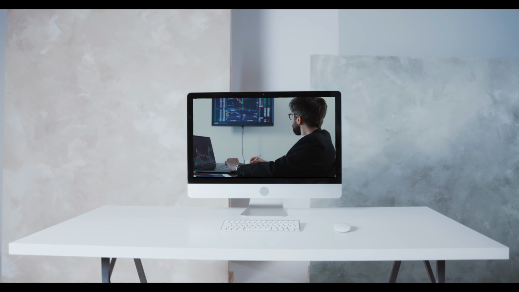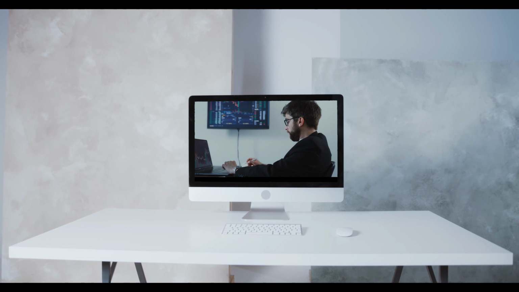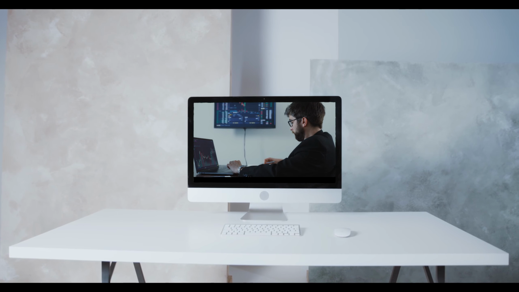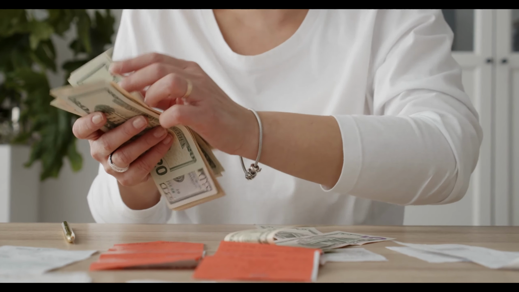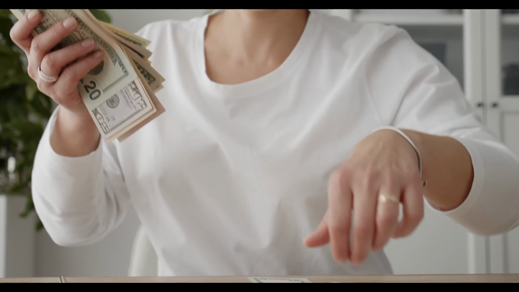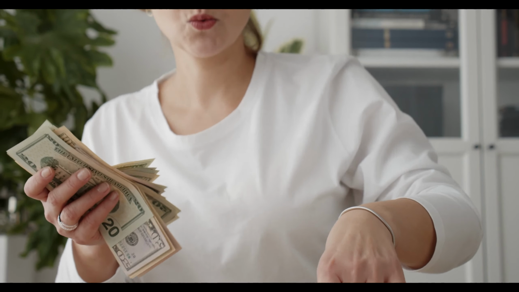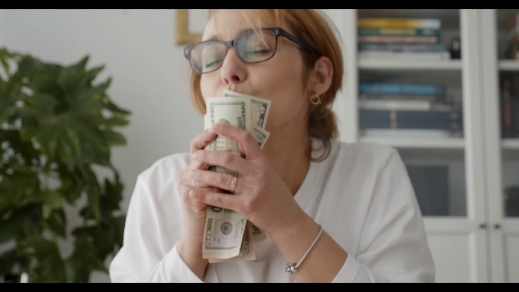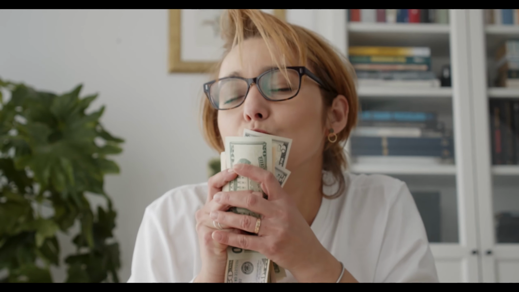Triangular arbitrage is a trading strategy that takes advantage of price differences between three different markets in the context of crypto trading. It involves buying and selling three different cryptocurrencies on the same exchange to profit from differences in their prices.